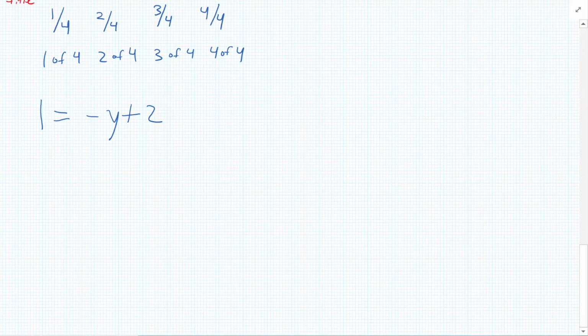Well, we're going to remember that we have an equal sign here. And you've probably heard this analogy before. Here is our scale.